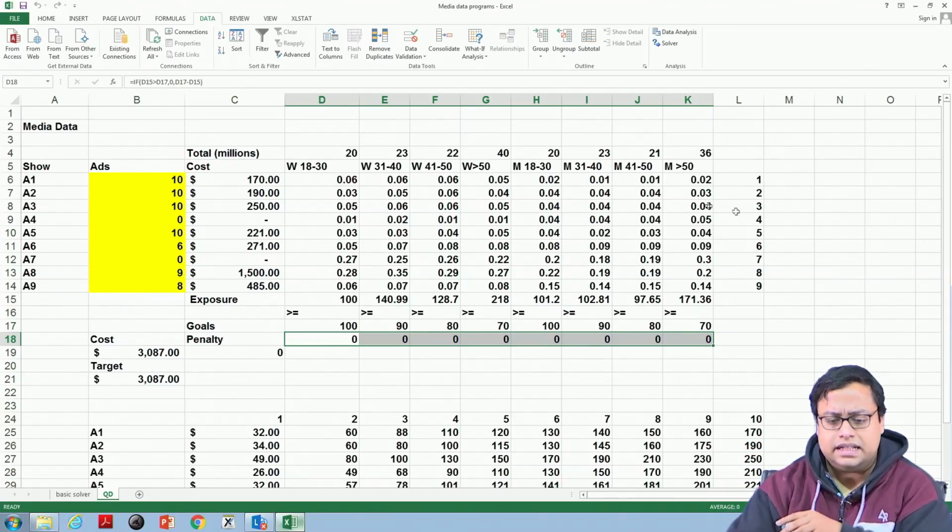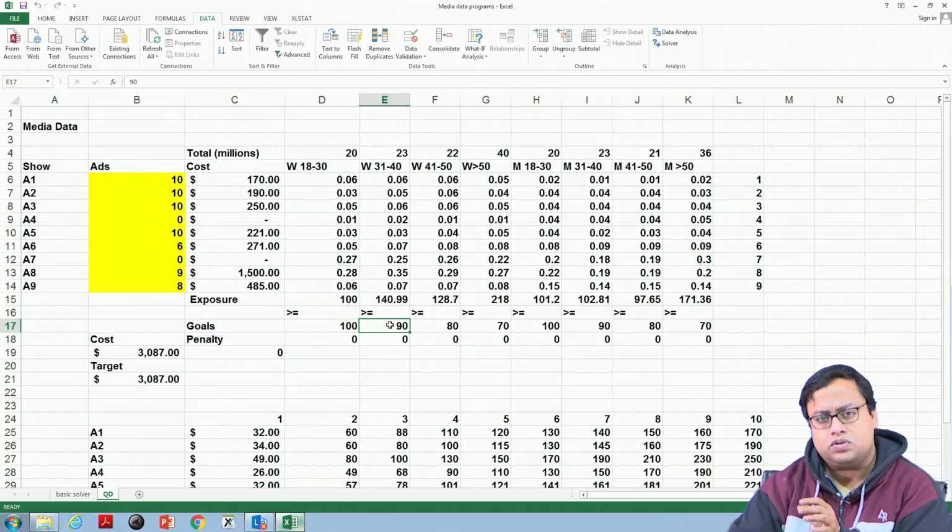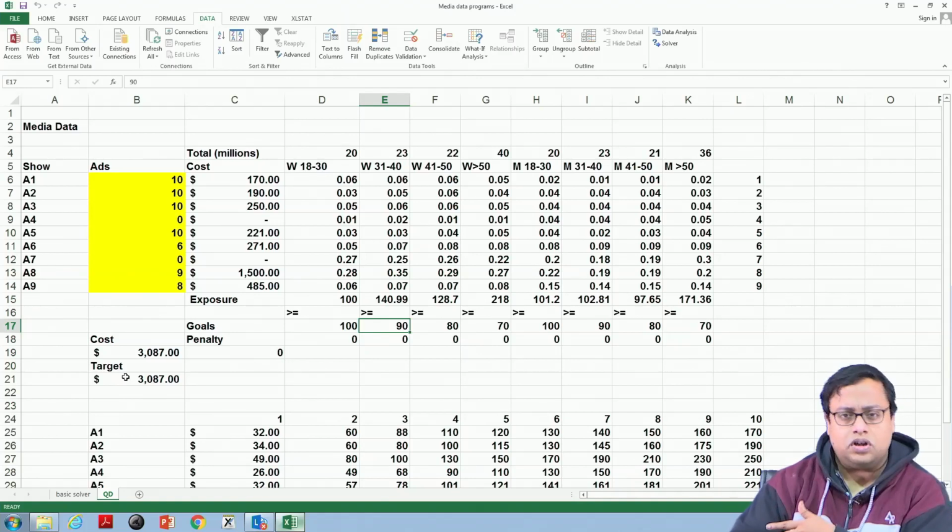Let us say this is impression, but in this group 100 impressions will lead to 5 sales, and here 90% will lead to 12 sales, let us say. Then correspondingly I can find out how much is the exposure, how much is the sales, and I can say, okay, let us optimize sales rather than reduce cost or something like that.